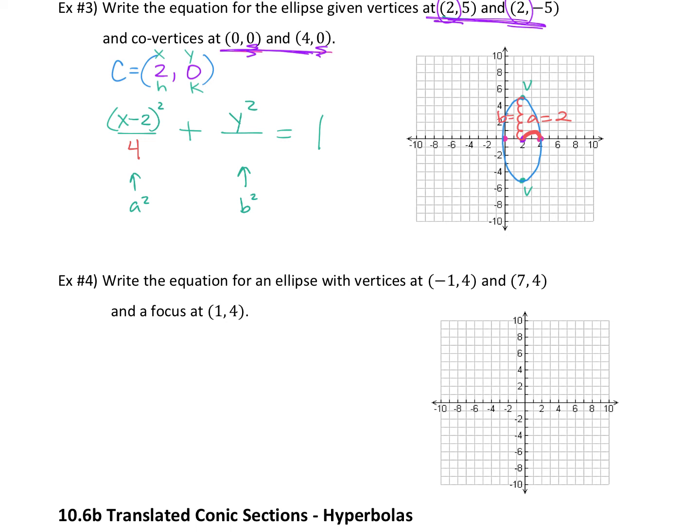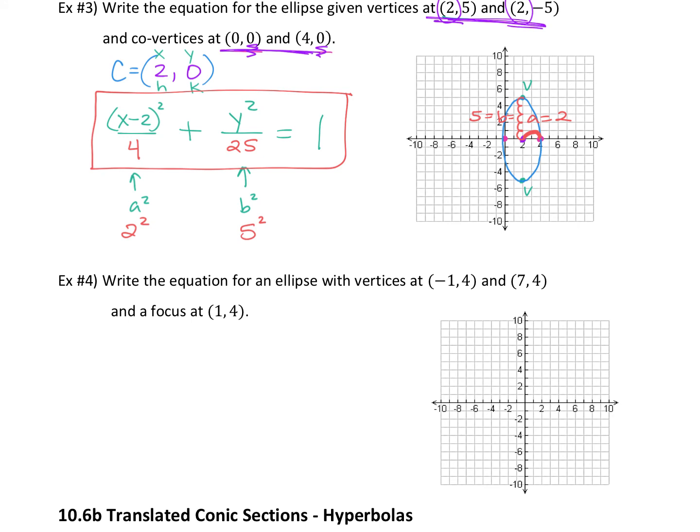It's that distance, right? It's the vertical distance. So your b value, we'll go this way, is going to be 5. 5 squared is 25. So this is your equation. Does that make sense? So this is 2 squared. This is 5 squared.